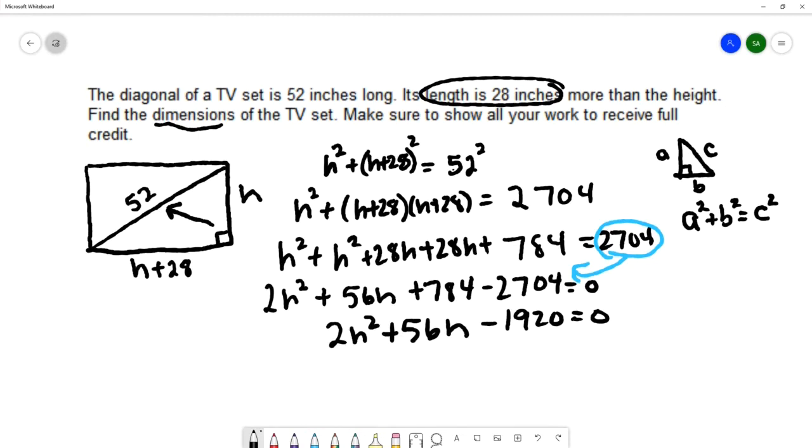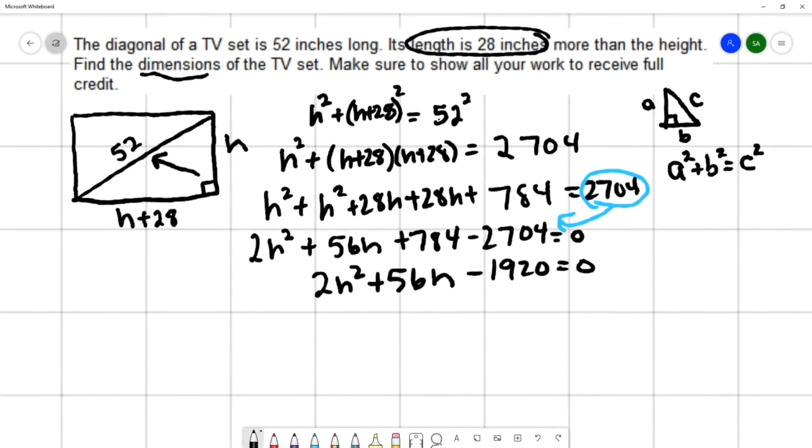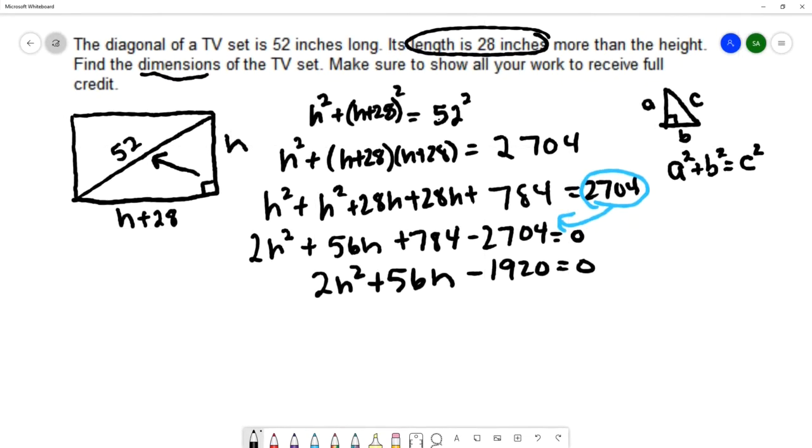I have a quadratic equation which I want to solve. I'm going to try to solve this by factoring, but first I noticed that all of these numbers are even, so I'm going to be able to divide by 2. This is going to make my numbers smaller and much easier to work with in regards to factoring.